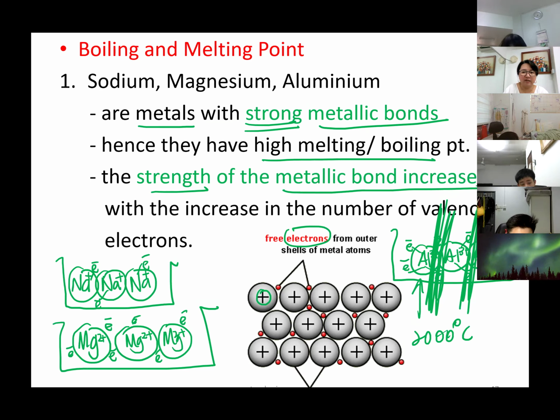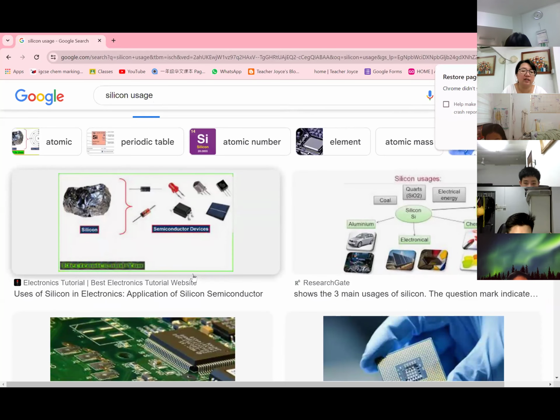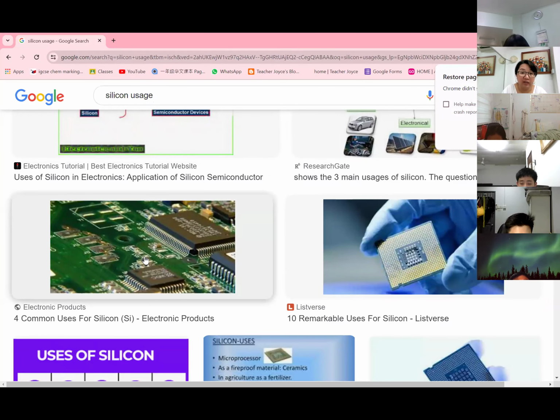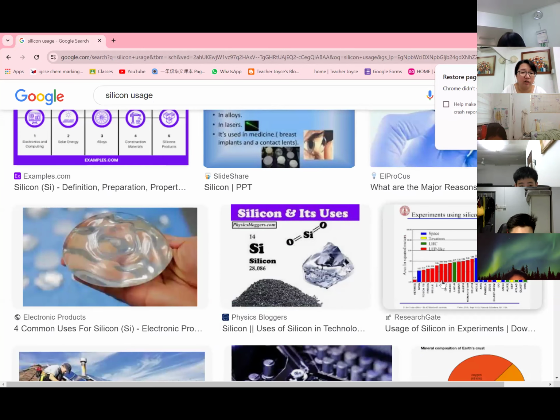See here? I type silicon usage, can use for semiconductor. A lot of our hard drive inside our motherboard got lots of silicon. It's a microprocessor chip. These are the chips, and they are using silicon.